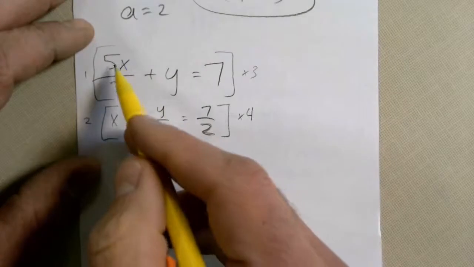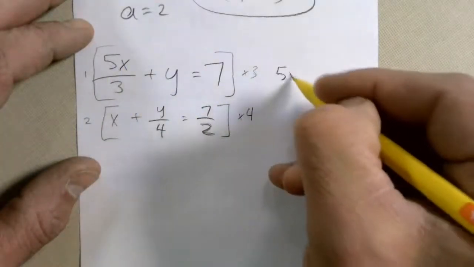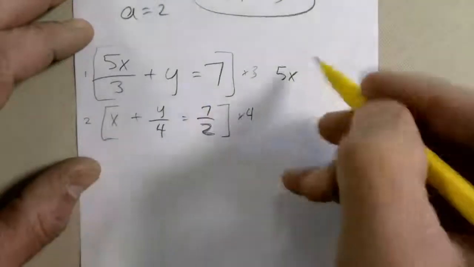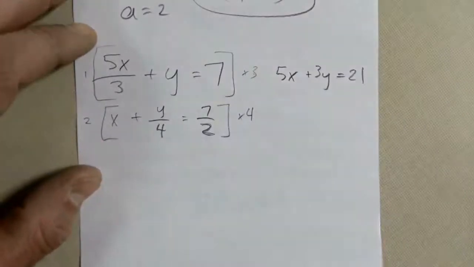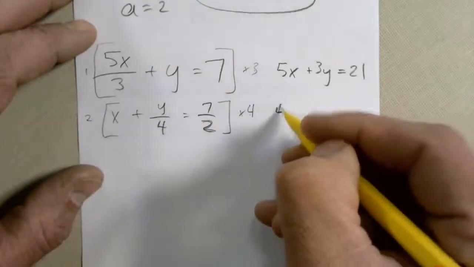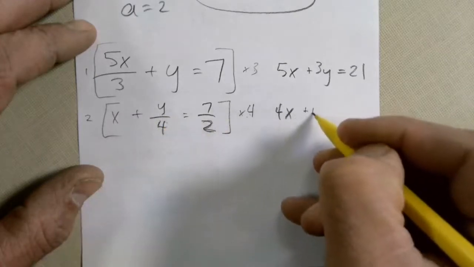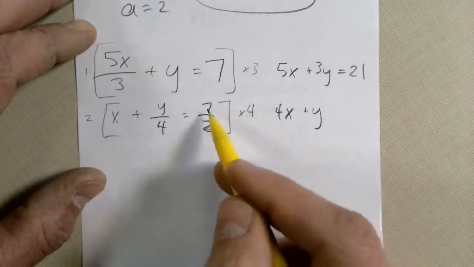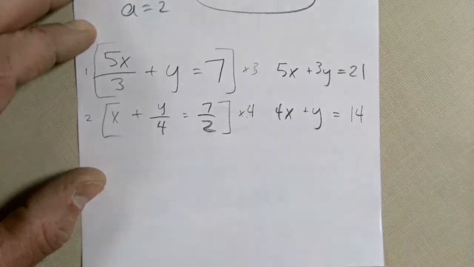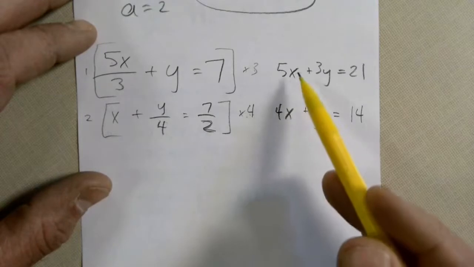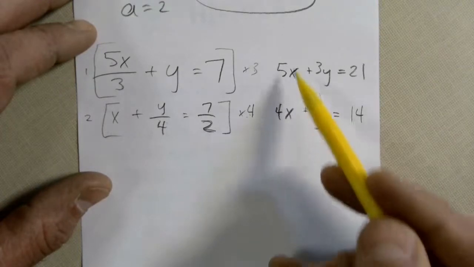So here we go. 5x over 3 times 3 is 5x. That's why we chose 3. Plus 3y equals 21. 4 times x is 4x. 4 times y over 4 is y. 4 times 7 halves is 14. Okay, so now we have equations that look like this, and we know what to do.